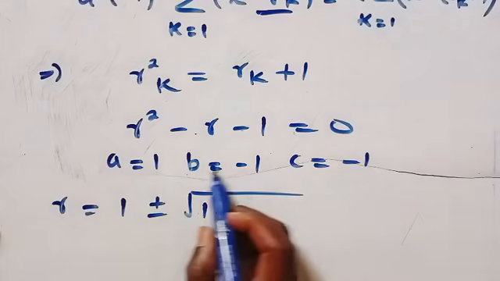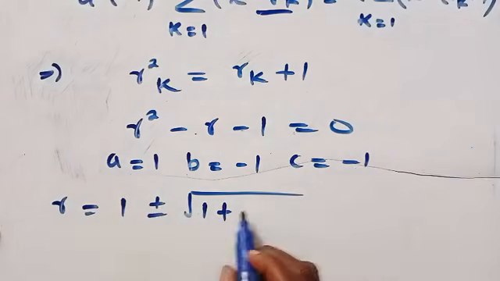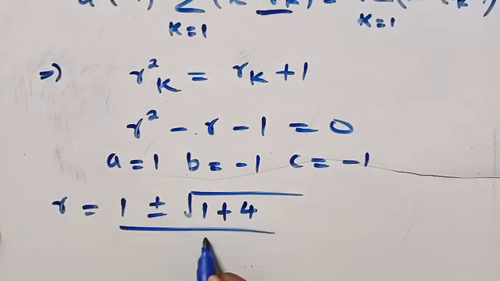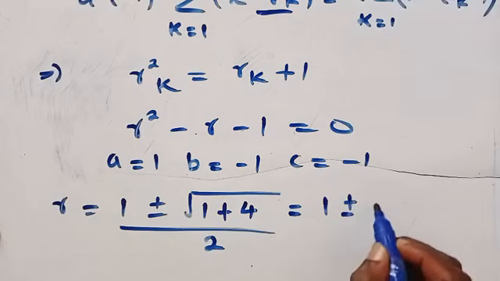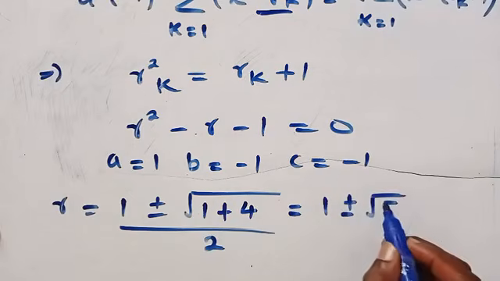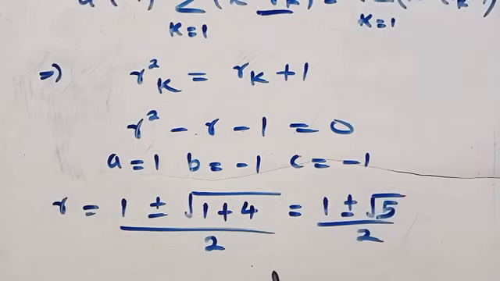Then 4ac, that is 4 times 1 multiplied by 1, we have it as 4, all divided by 2. And this gives us 1 plus or minus the square root of 5 divided by 2.